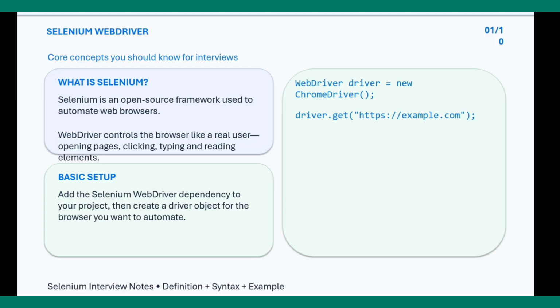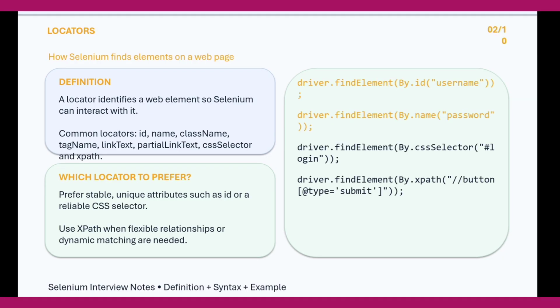Now, let's see how Selenium actually identifies the elements on a web page. To interact with any element, Selenium first needs to find that element, and that's where locators come into the picture. A locator tells Selenium exactly which element we want to work with. Some commonly used locators are ID, name, class name, CSS selector, and XPath.